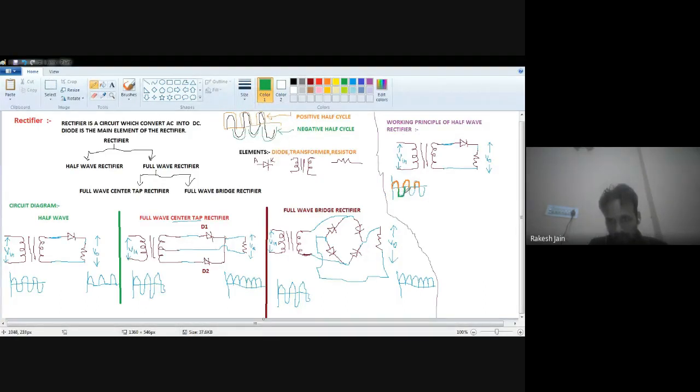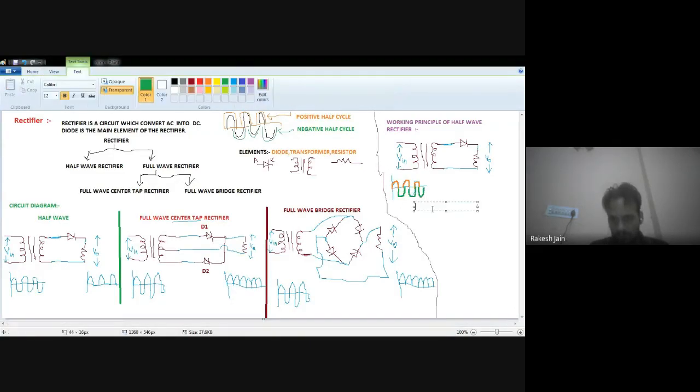When we want to explain the working principle of any rectifier, we should focus on two steps. One is what will happen with the circuit during the positive half cycle, and what will happen with the circuit during the negative half cycle. In the waveform, the orange color shows the positive half cycle and the green color shows the negative half cycle. And in the circuit, now see step number 1 and step number 2.